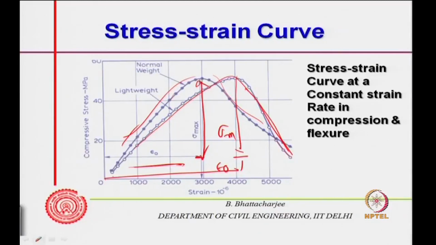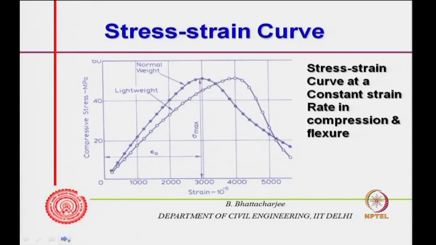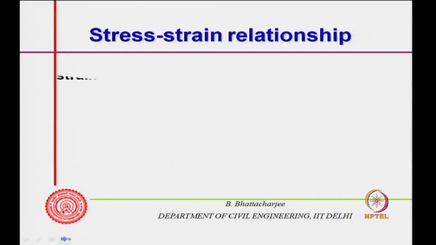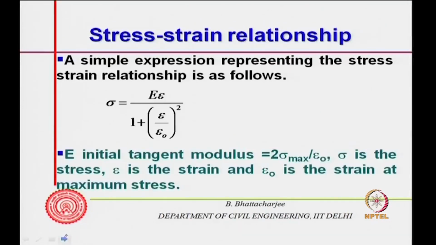So, people have tried to fit approximate, empirical equations to this. There may be many more complex relationships, but one of the simplest is of this form, where E is the initial tangent modulus, which is twice sigma max divided by epsilon 0, and sigma is the stress at any point, epsilon is the strain at any point, and epsilon 0 is the strain at maximum stress.